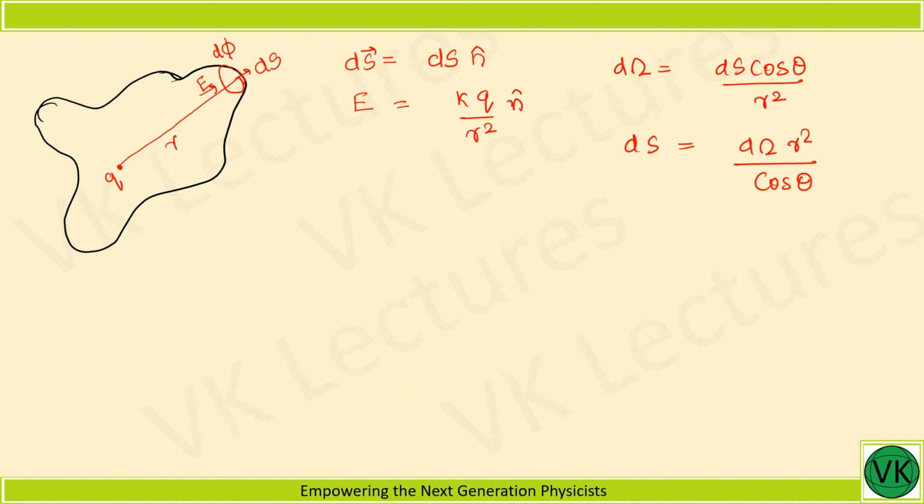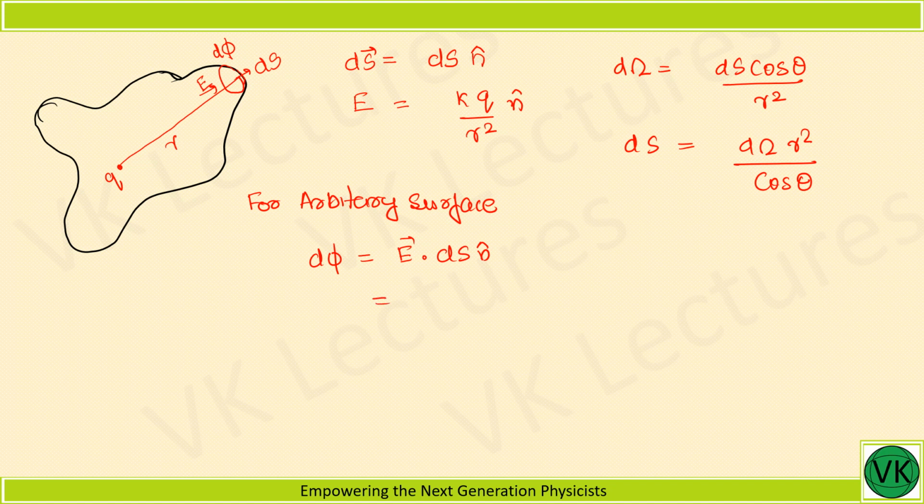Now for an arbitrary surface, we have d phi given by the electric field dot ds n cap.